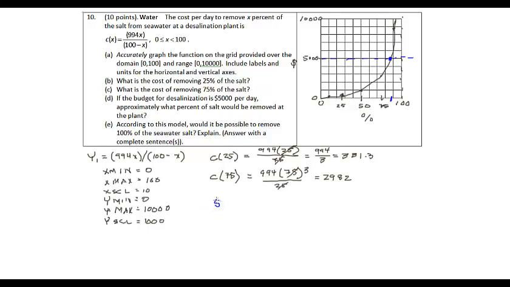Well, we can solve this. Say 5,000. That's the budget, the cost. It's 994x over 100 minus x.